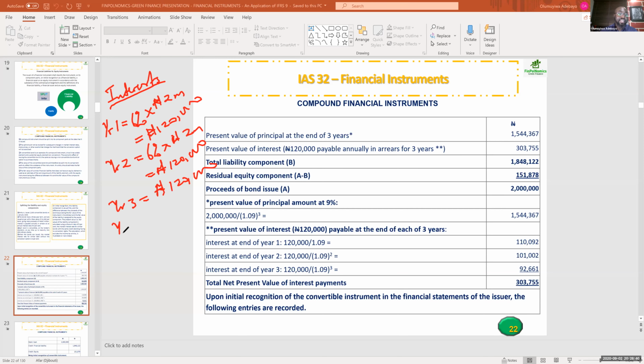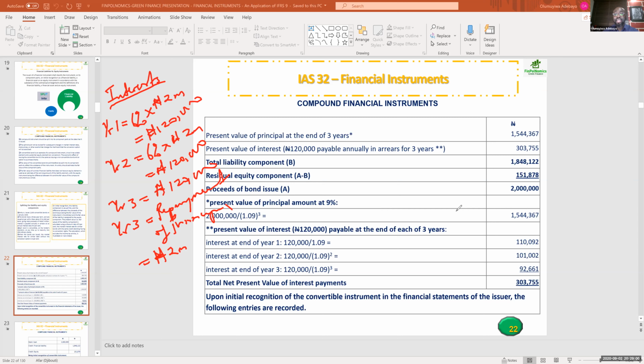But in year three, there are going to be two forms of cash flows. One is interest, and the other one is the repayment of the principal amount, which is how much? 2 million.